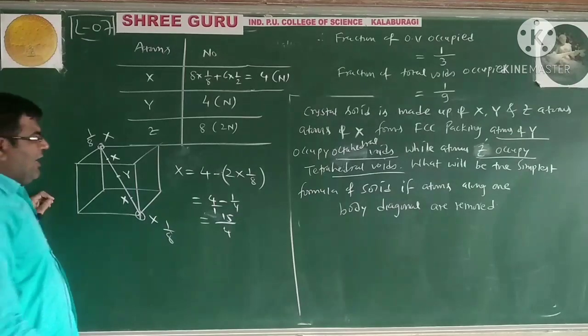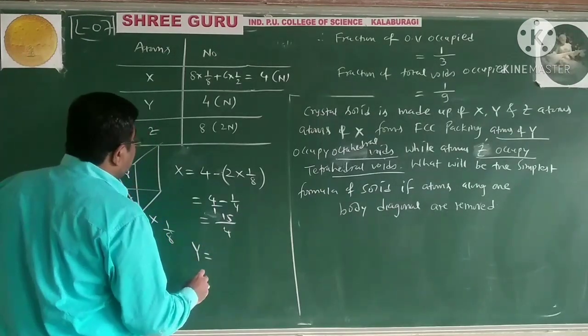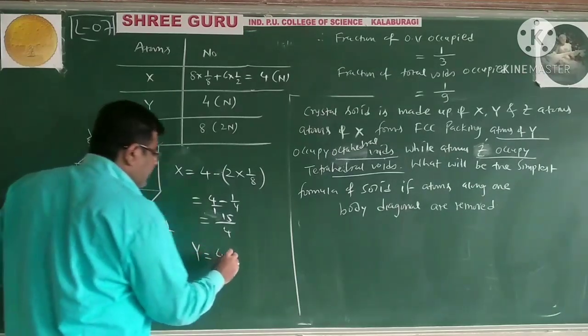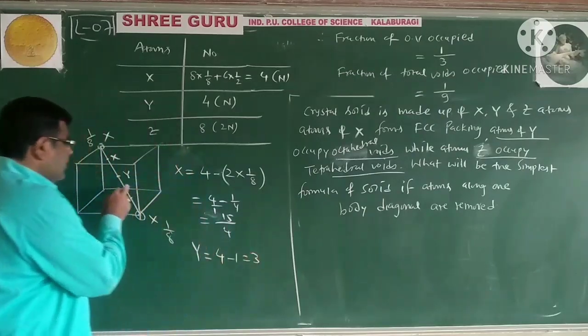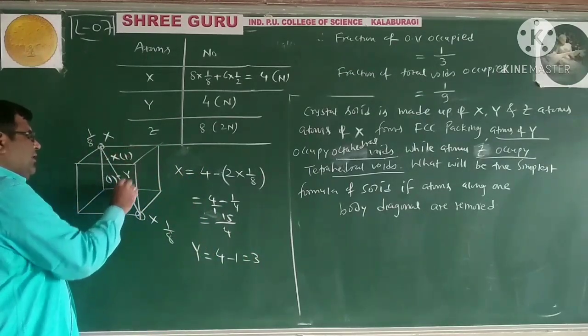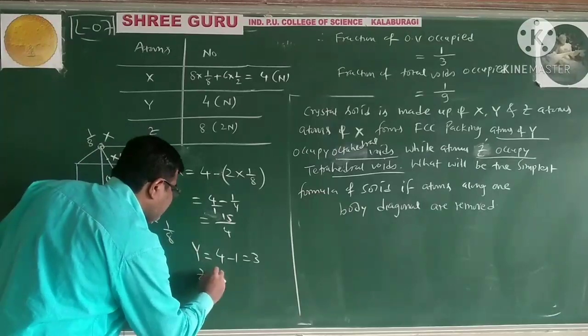Then what about the Y atoms? They are 4 in number, but there is only 1 here. Its contribution is 100%, because they are inside the cell. So it is 4 minus 1, 3.